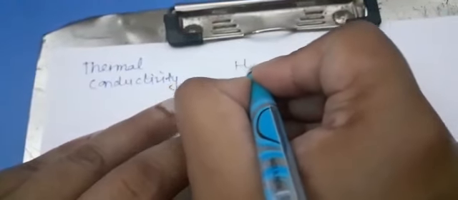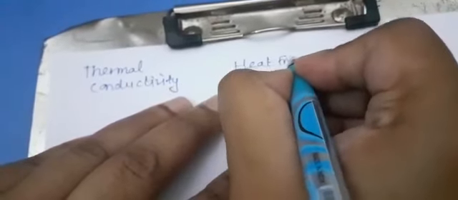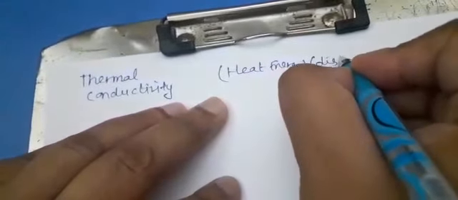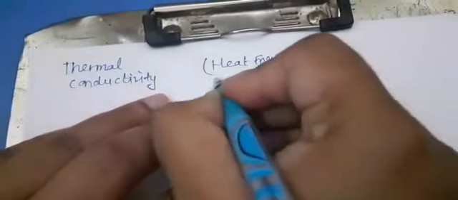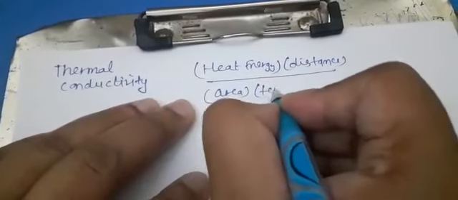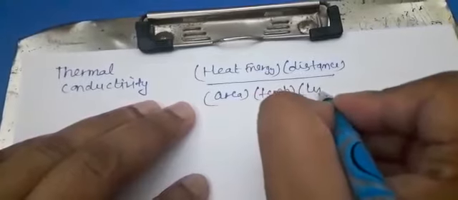Next is thermal conductivity. Its physical formula is heat energy multiplied by distance divided by area, temperature and time.